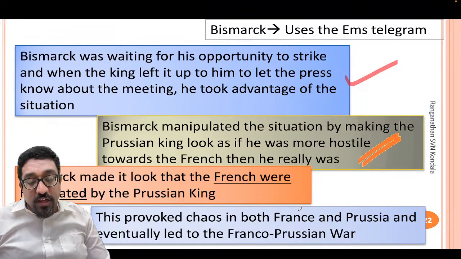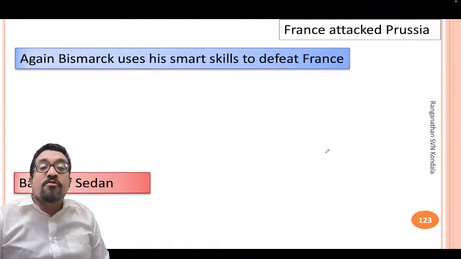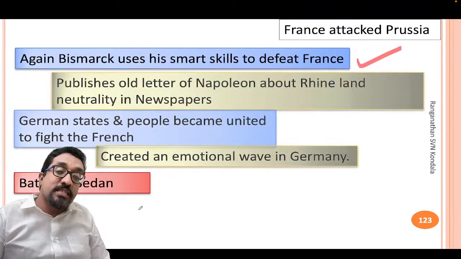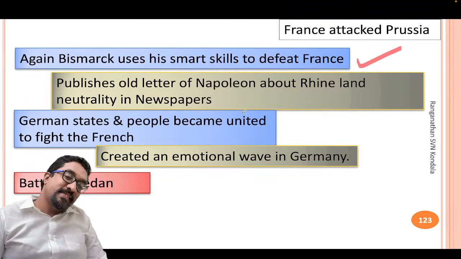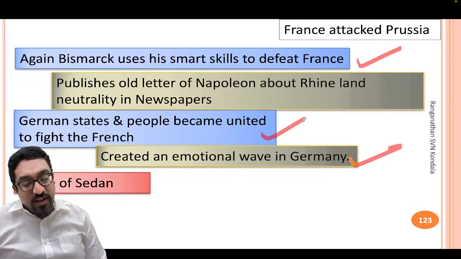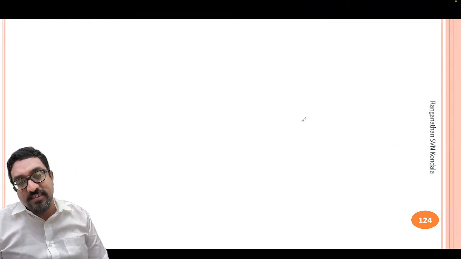Using this opportunity, he provoked chaos, leading to the Franco-Prussian War. In the Battle of Sedan, all the German states united together and defeated France.